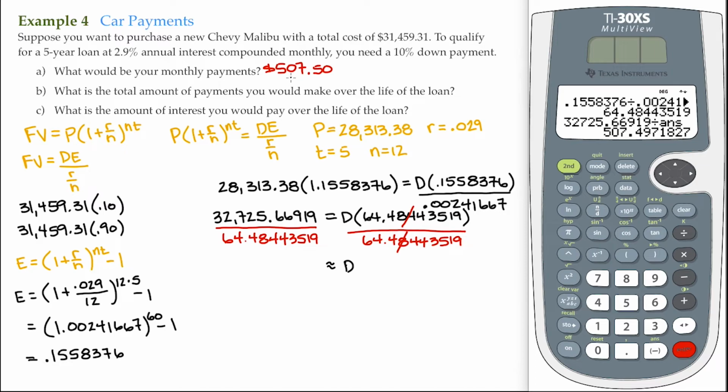You're going to be paying $507.50 every month for the next 5 years. That's 60 payments. That's what we figured out right here, right? 12 months for 5 years, that's 60 payments. So we could take 507.50 and multiply that to 60.